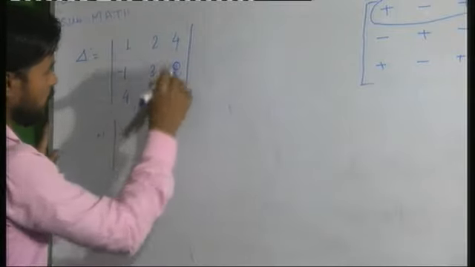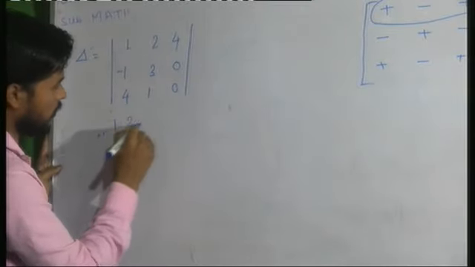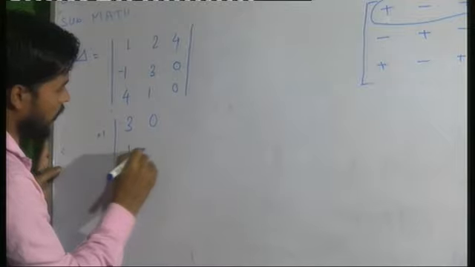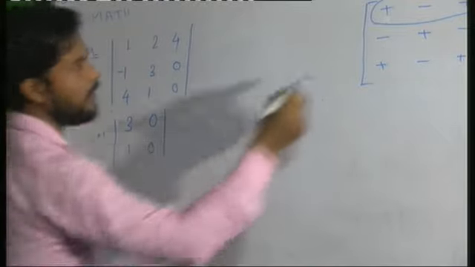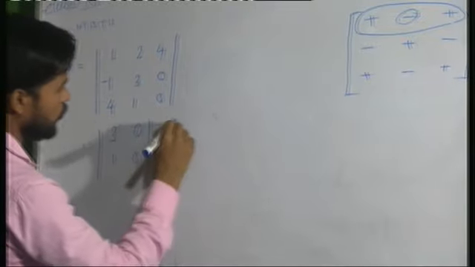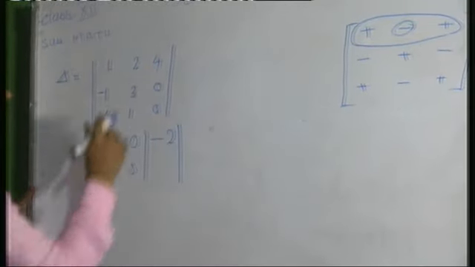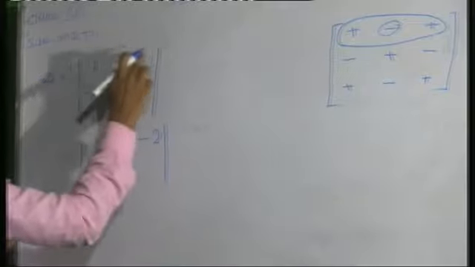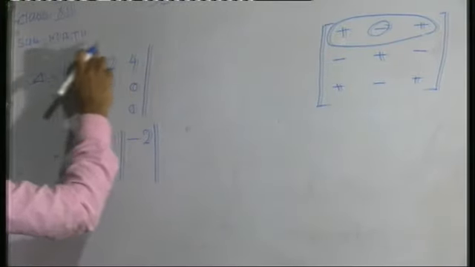So we have this block open, so it is 3, 0, 1, 0, and the next sign is negative, so minus 2, determinant of, now cover this column and this row.